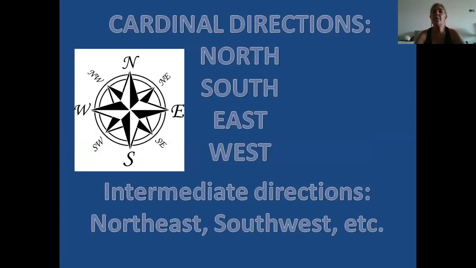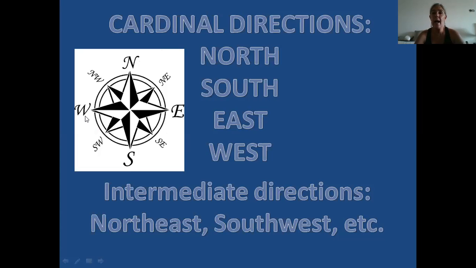For the study of geography, the geographers use what it's called the cardinal directions. So over here, you can see that we have a compass rose, and the cardinal directions that it indicates are north, south, east, and west. Those are the main cardinal directions.